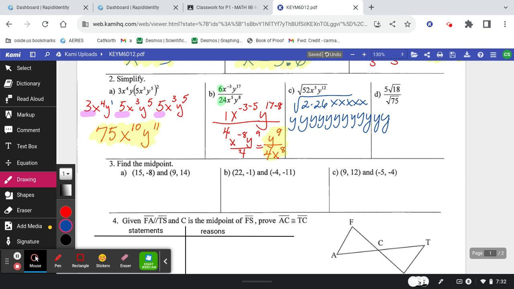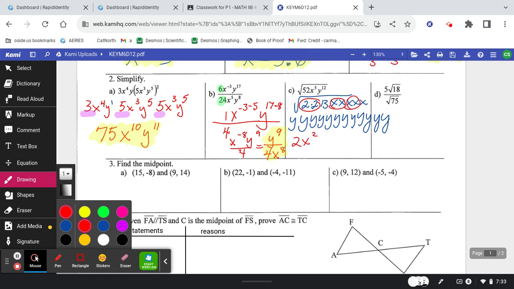Okay, so we are looking for pairs. Notice that the 26 can still be broken down. 26 could be 2 times 13 as well. So now that I broke that 52 into 2 times 2 times 13, what do you think for pairs? Notice there's a pair of 2s. A 2 can come out. An x, another x.